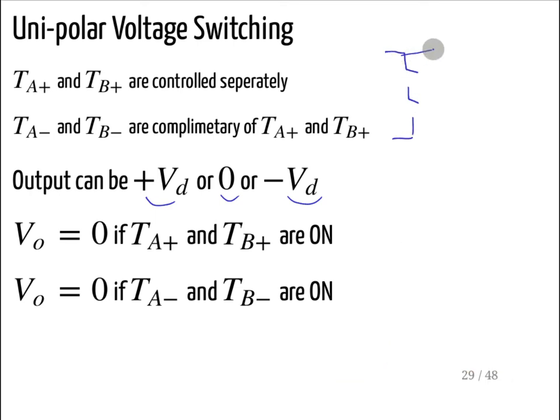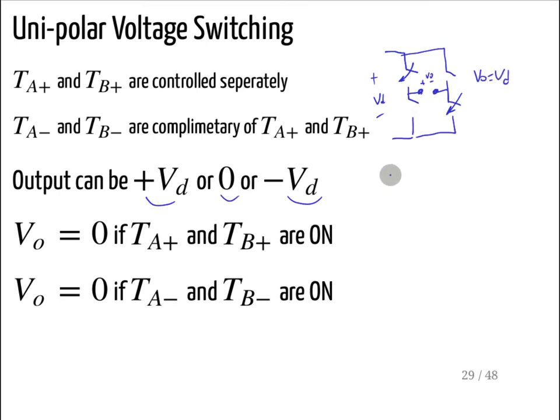So you have again that system. Okay, so if I close that one and that one, this VO, V out is equal to VD.